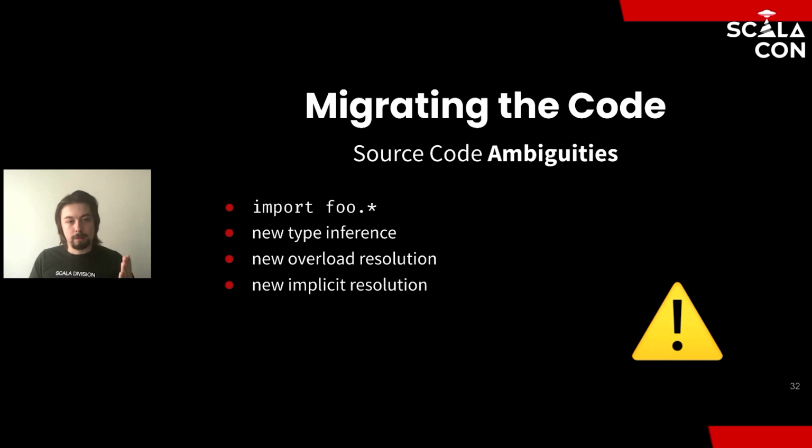I've also put import foo.star here because previously that meant import the term or method or field called star from foo, but now it means import everything from foo. So you can get some confusion there.